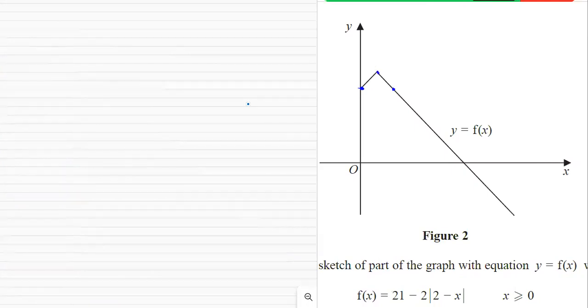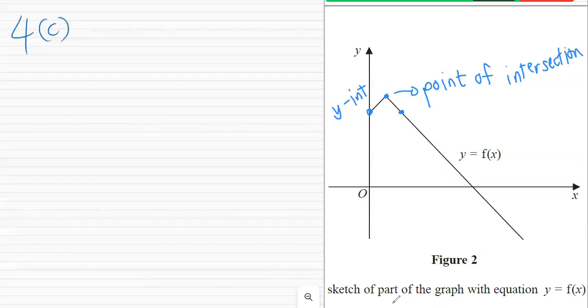Ha, glitchy pen. So hang on, let me sort out that glitchy pen. Sorted. All right, so we're going from the y part of the y-intercept to the point of intersection between the two lines. Okay, so that's what we need.